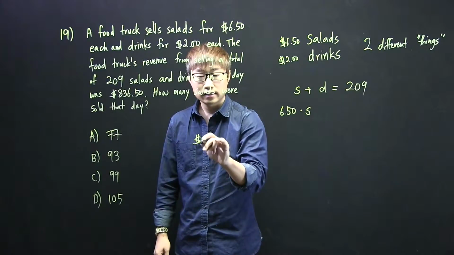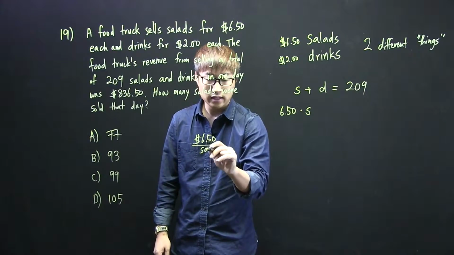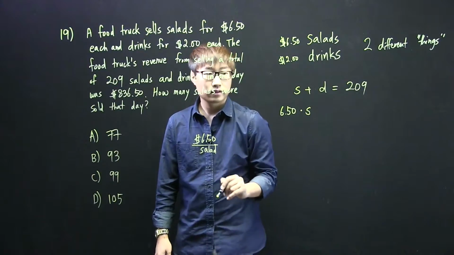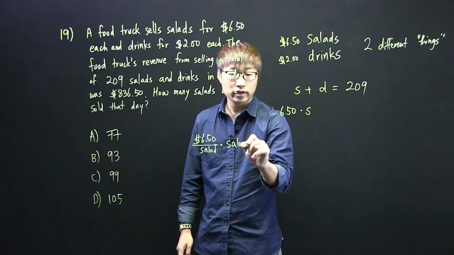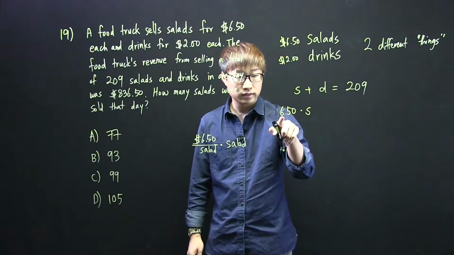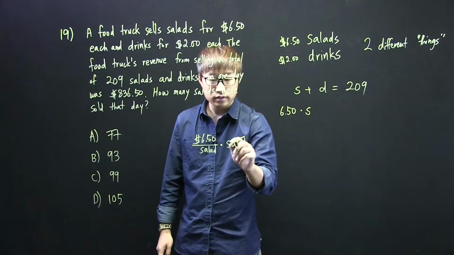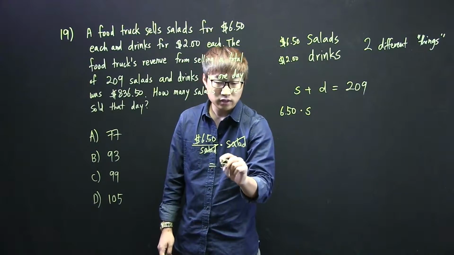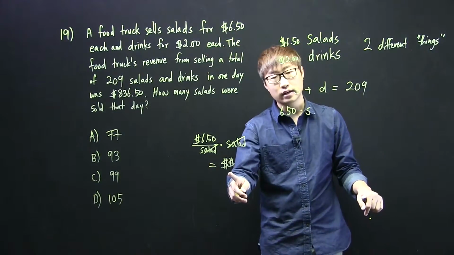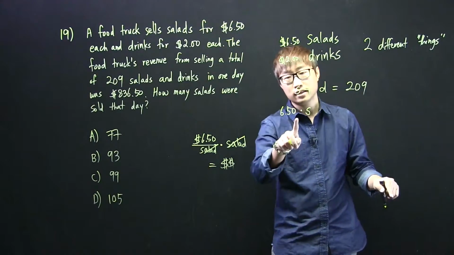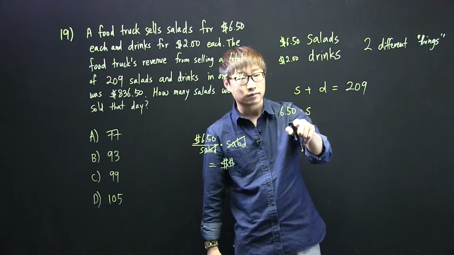It says $6.50 each per salad, and if I multiply this by salad, you see how I multiply the $6.50 by S, the number of salads? See what happens. The salads cancel, and it only gives you the dollar sign as your unit. That's how I know for sure this is in terms of dollars, and that's how I got 6.50 times S.